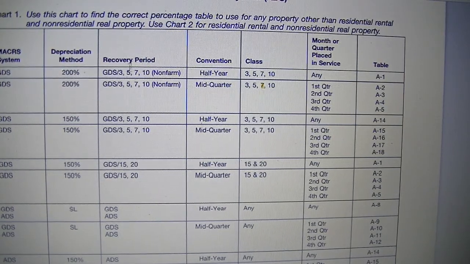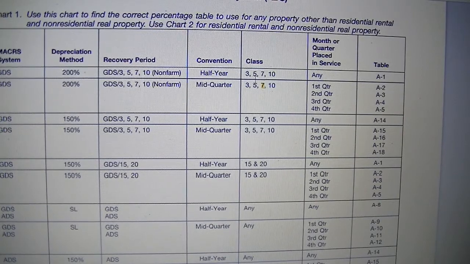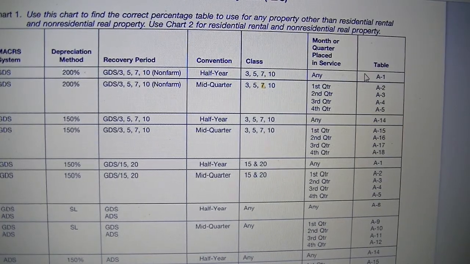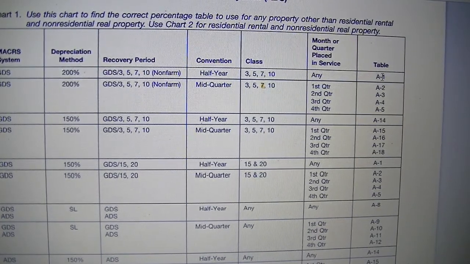So we have the recovery period, we have the depreciation method we want to use, we have the GDS we want to use, the asset class is here, and we put it in service in February, so we will use A1.